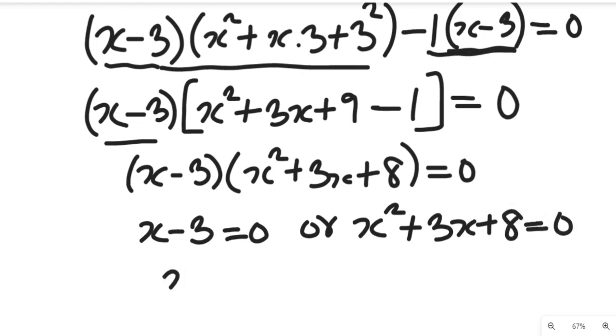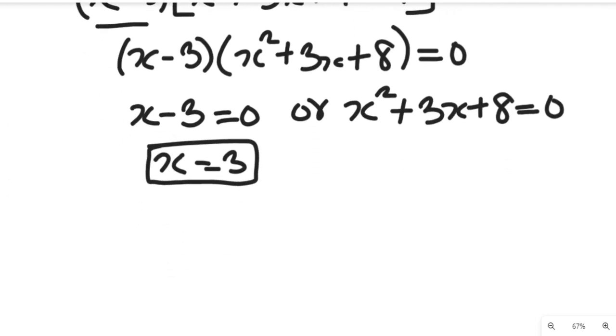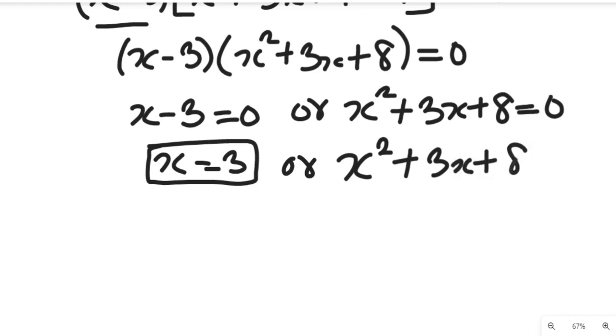So from here, our x can be equal to 3, which is the first factor of that polynomial equation, or we'll have the quadratic equation x squared plus 3x plus 8 to be equal to 0.